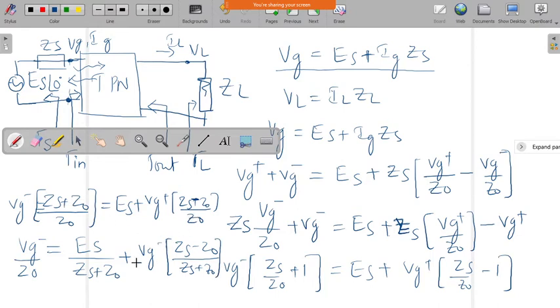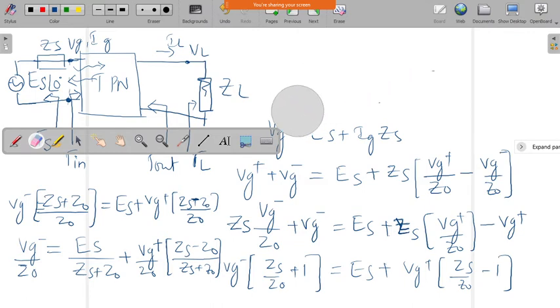So this will come here, and Vg plus by Z0 will remain as it is. Now if I multiply this Z0 to this side, what are we going to get? I'll write this one as root Z0 into root Z0.